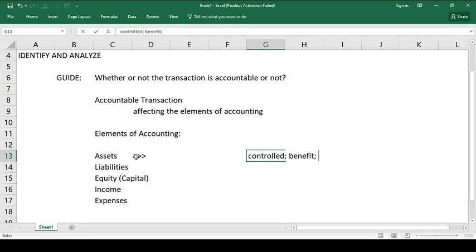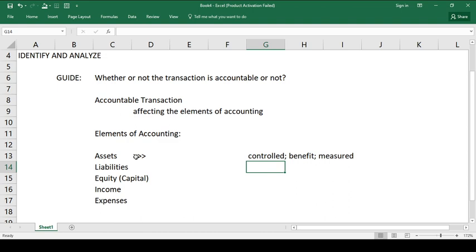Dapat we can measure it reliably, in a reliable measurement. Take note, as one of its assumptions, we have the tinatawag na monetary value assumption, that each item in the accounting must be measurable, and the measurement, because we are in the Philippines, we are going to measure it in pesos.